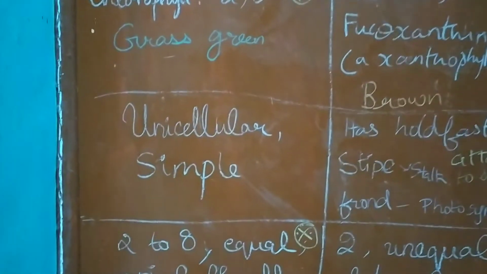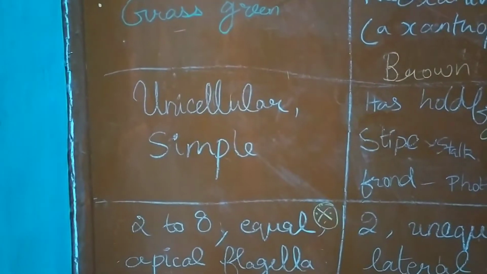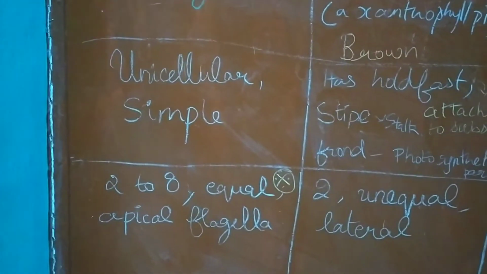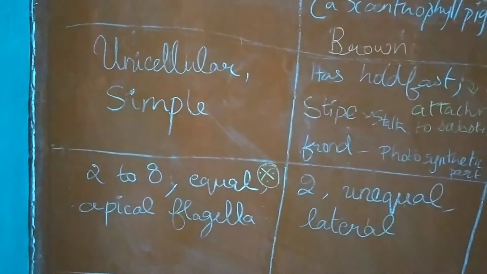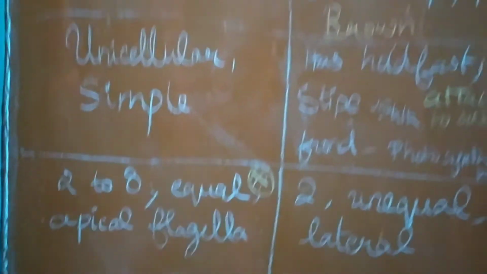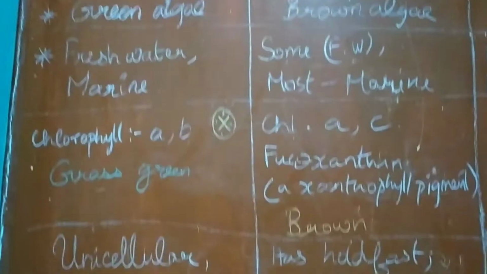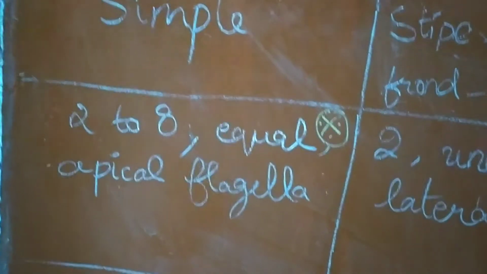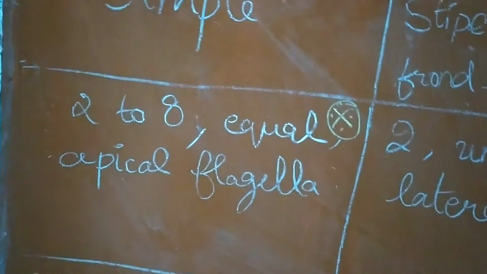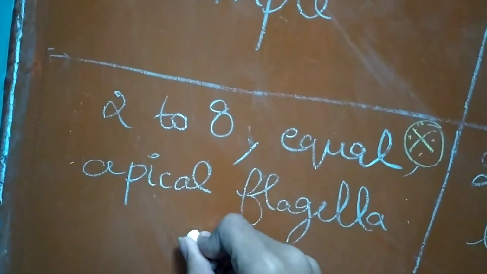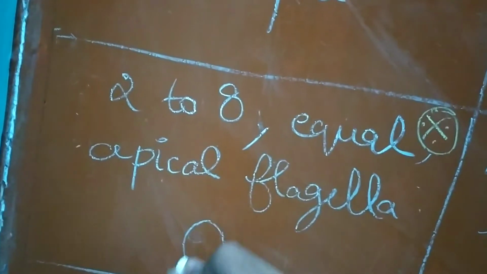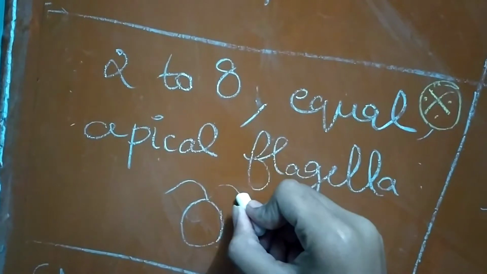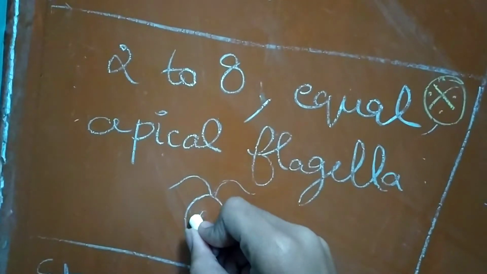And the next thing is we are gonna come to the number of flagella and its position, whether they are equal or not. So coming to the first class, Chlorophyceae, it has 2 to 8 equal and apical flagella. So what do you mean by this? Suppose we take this. This is nothing but a chlamydomonas, right?